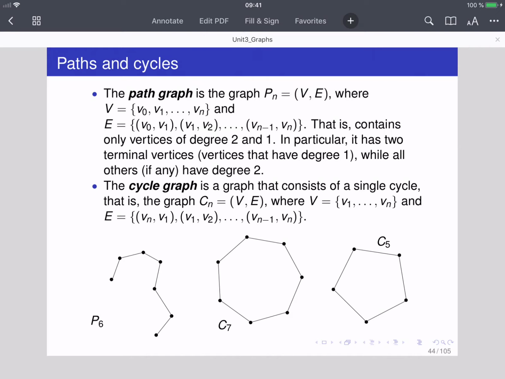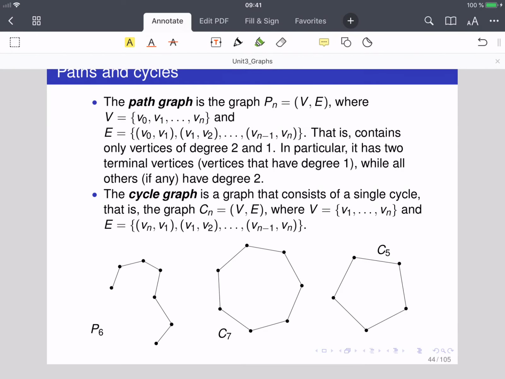Okay, and then it contains n plus 1 vertices, n edges, and all the vertices are of degree 2 except the ones that are at the beginning and at the end, which are of degree exactly 1.